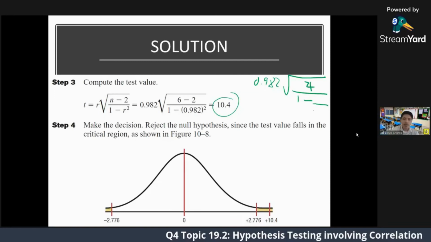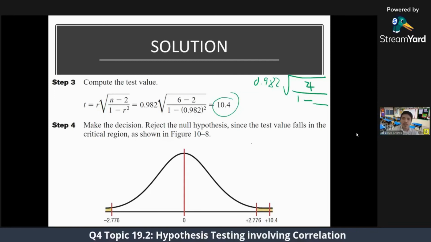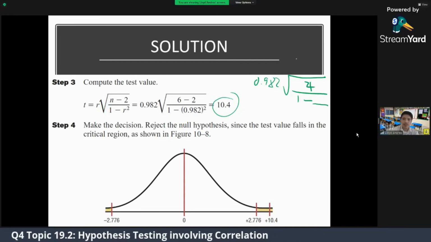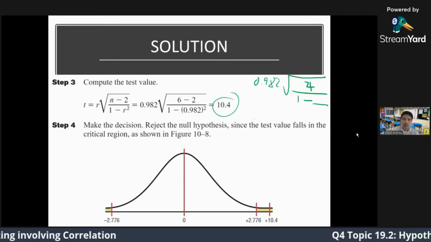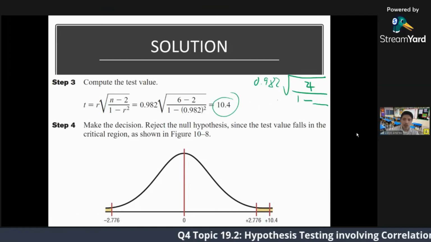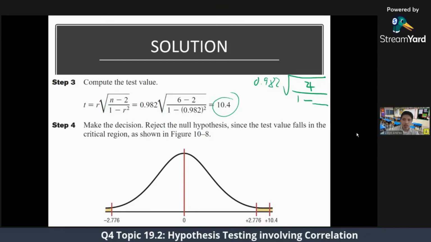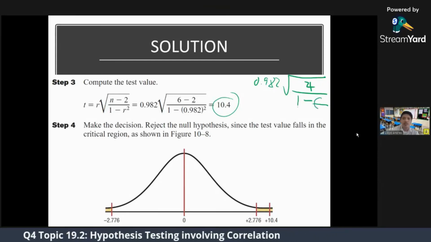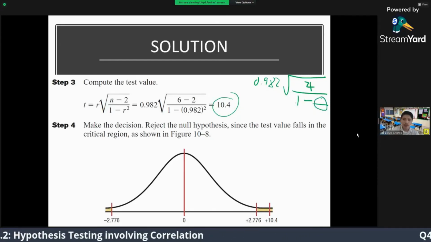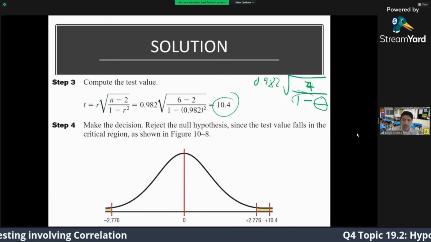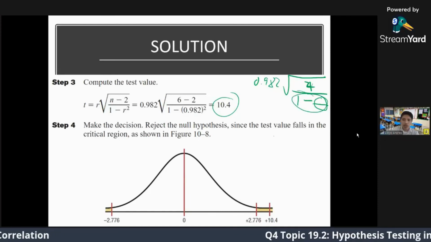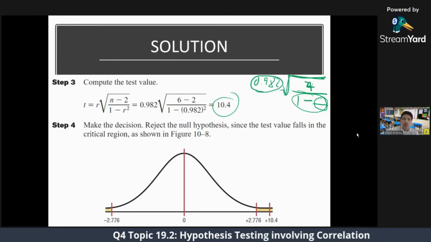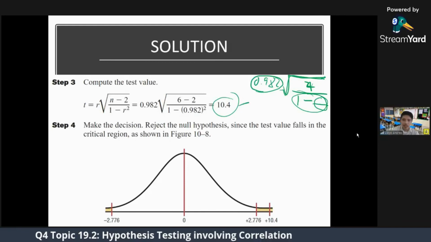So, preferably, again, round off only at the end. On the calculator, compute 1 minus the answer from the squared value, then 4 divided by that answer, then take the square root, then multiply by 0.982 until you come up with 10.4.